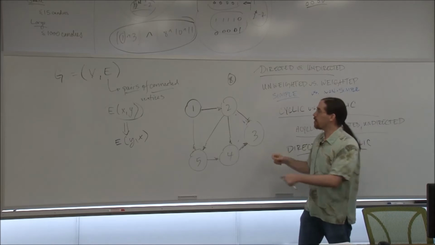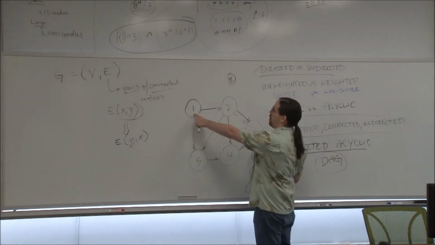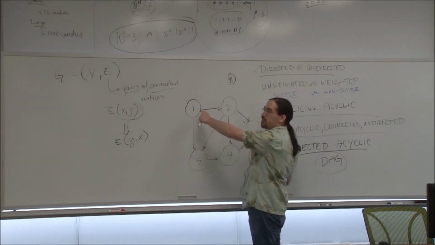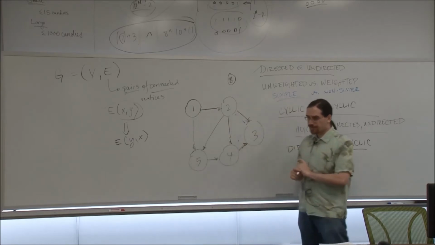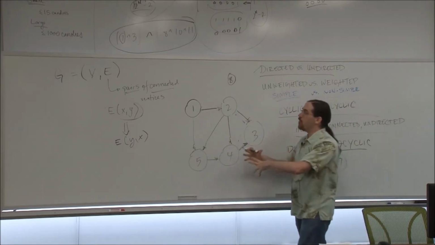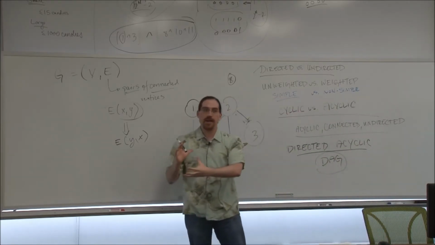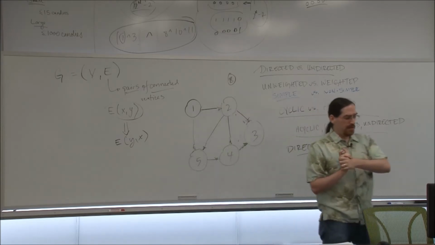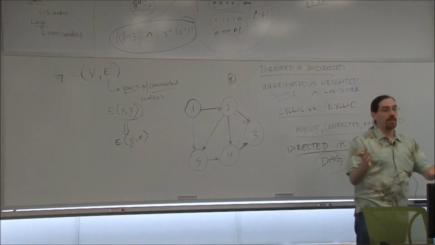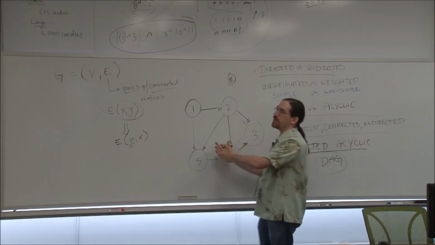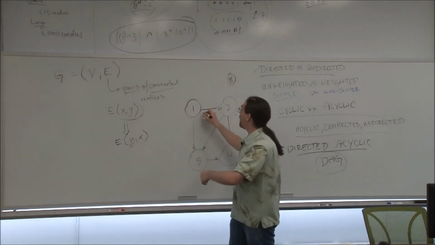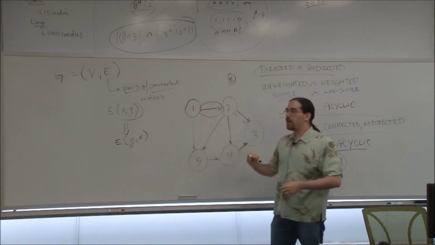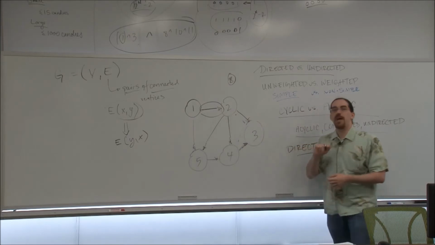Maybe it's directly, or maybe there's a path from that one to the other one that says this person is in charge of this one. Or maybe you want to store it as a scheduling problem. So suppose each node represents a task, and the edges say task 1 has to be done before you do task 2.